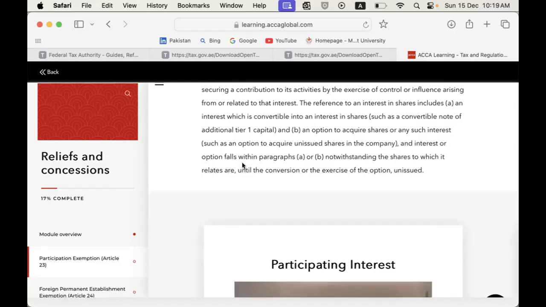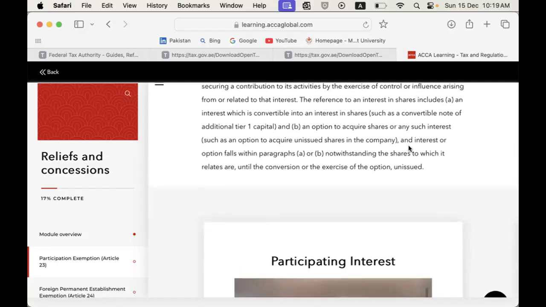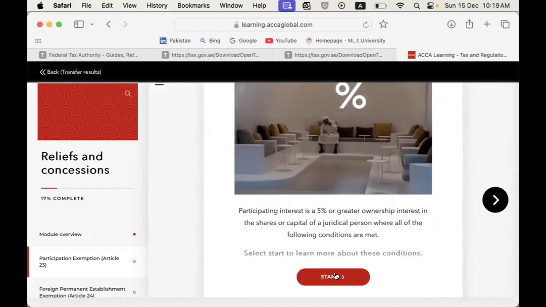And if an interest or option falls within paragraph A or B, the previous two categories, notwithstanding that the shares to which it relates are unissued until the conversion. So, this area alludes towards conversion of loan or debt capital into shares. That lets us have a look at further examples.